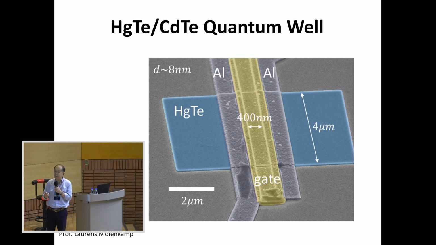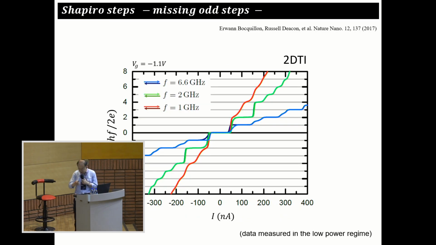Actually, this material was grown in the Würzburg group in Germany, the Laurens Molenkamp group, and we measured it with a postdoc and student who came to Riken, doing the microwave measurement. Then this is the case for the 2D TI, the Shapiro step case.